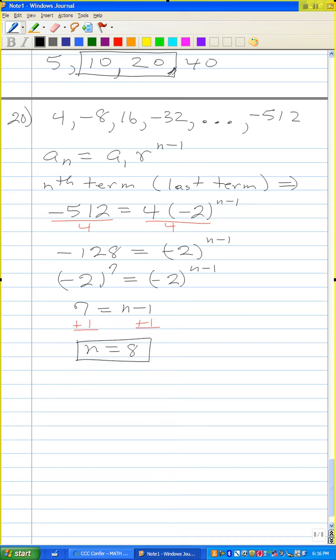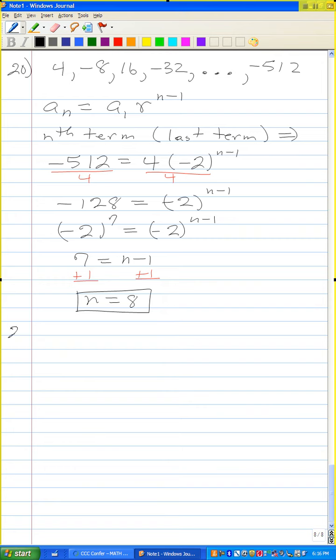Let me do problem number, let's say 22. 2, 6, 18, 54, 13,122. Let's find how many terms are in this sequence.